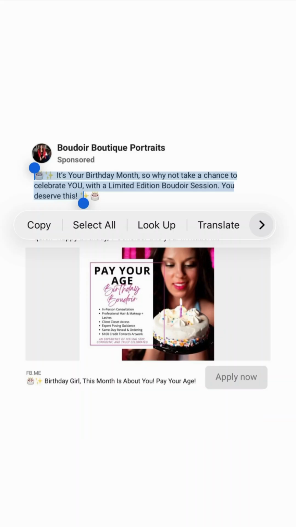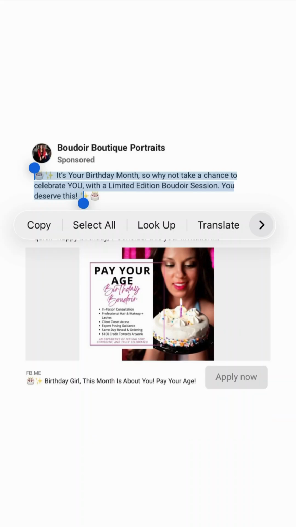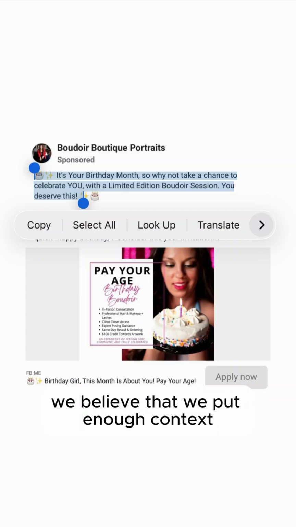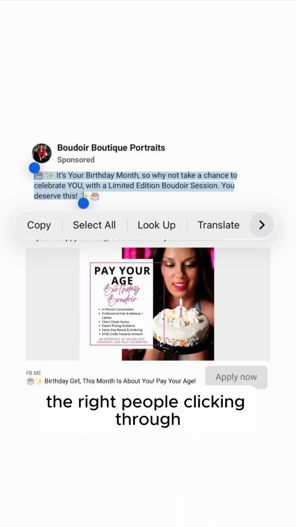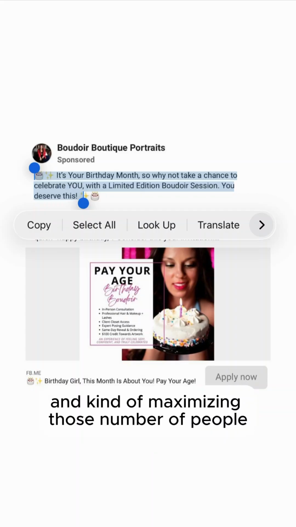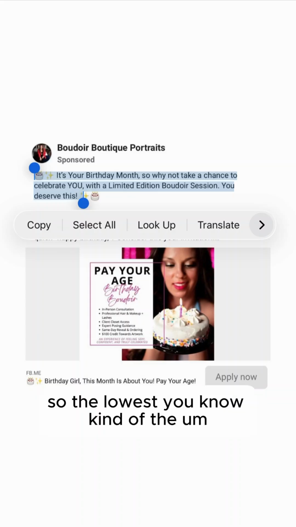So the false belief that causes us to make this mistake is we believe that we put enough context to actually get the right people clicking through and maximizing those number of people. But that is 100% incorrect with the way it's set up right now.